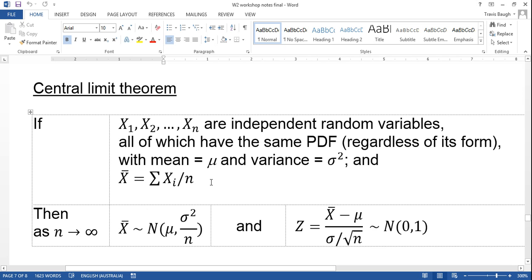So the central limit theorem says, if you do that, then as n approaches infinity, as our sample size gets larger, the values of the sample mean that we will come up with, if we take repeated samples, will be normally distributed with a mean that is the same as the population mean, but a variance equal to the population variance divided by n.